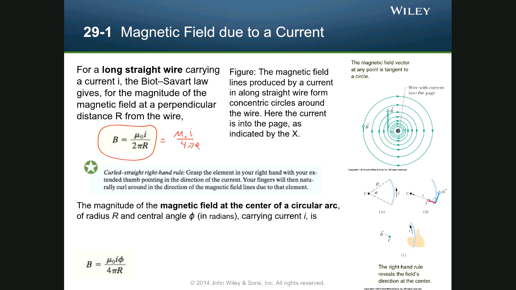Actually, I'm going to use the text function here. For a semi-infinite wire. That's better. We can't make that an equality because they're not equal, but we can say it implies this for a semi-infinite wire.